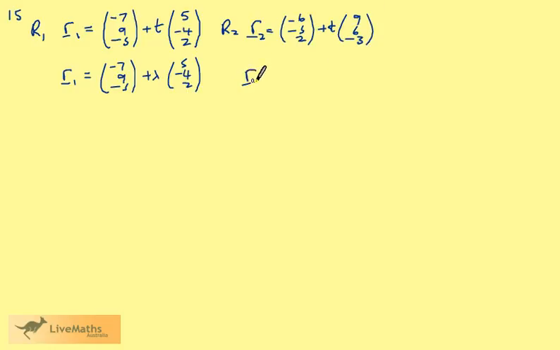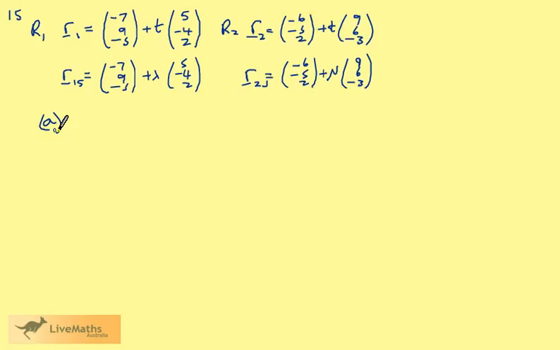Its smoke trail would be negative 6, negative 5, 2 plus mu 9, 6, negative 3. Perhaps we should call this 1s to indicate it's the smoke trail, and this 2s.